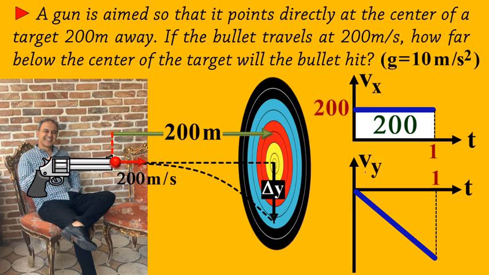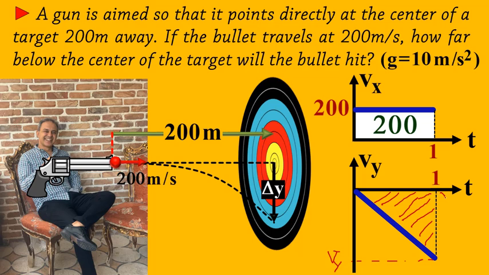Likewise, we plot Vy against t. Okay, here I need to find Vy, the final vertical velocity, to calculate the area under the graph. Pay attention to this triangle.